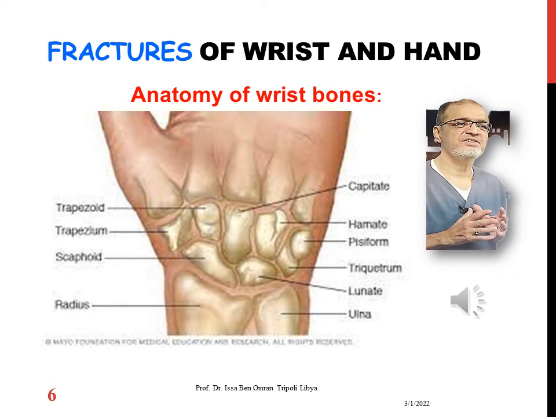Let's also have a look at the anatomy of the wrist bones. We have 8 bones which are very important to be considered in the treatment of fractures.